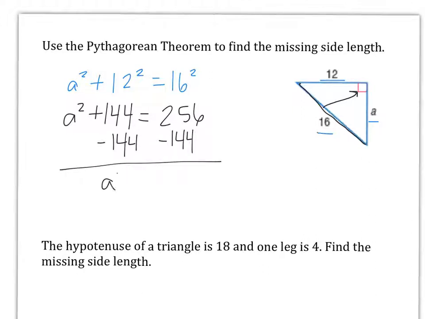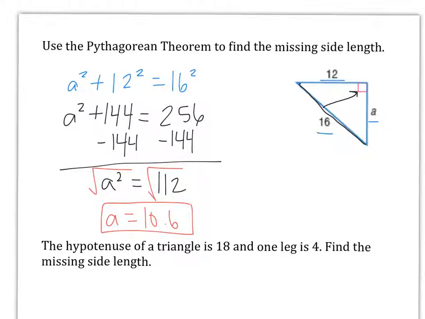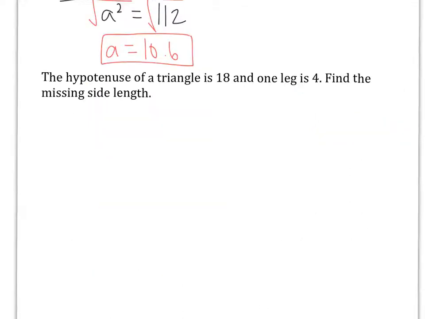And so I get a squared equals 256 minus 144, which is 112, and I also know that that's not a perfect square, so I'm going to take the square root and then round to the nearest tenth again. So I get a equals 10.6 if I round, because the 8 makes the 5 round up. And again, make sure that you know how to take the square root of a number in your calculator.